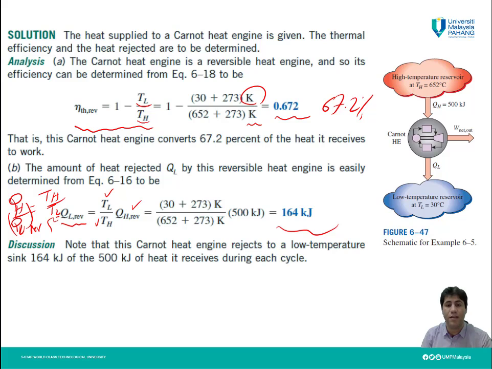So QL is 164 kilojoule per cycle. 500 kilojoule is captured by heat engine from the heat source, and the 164 kilojoule is released to the sink. So the difference between them is W net out of this Carnot heat engine actually.